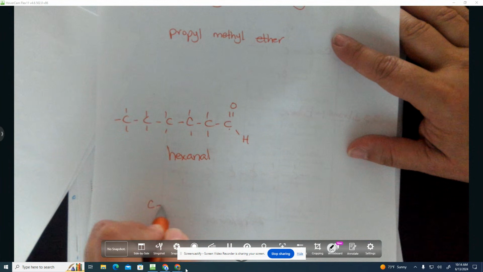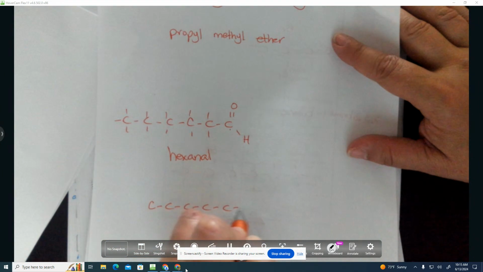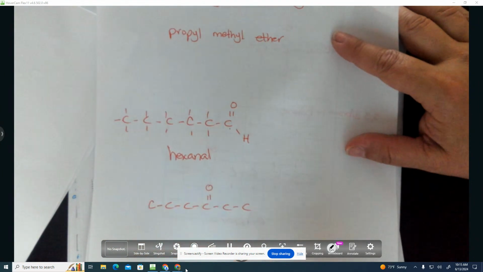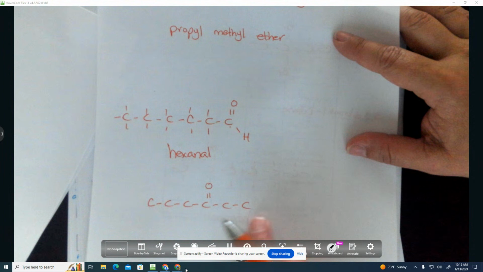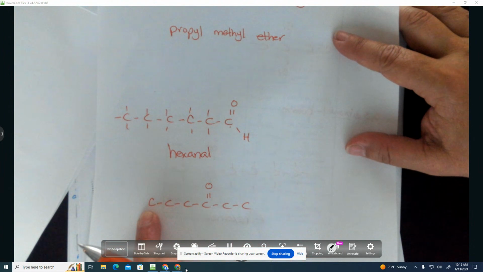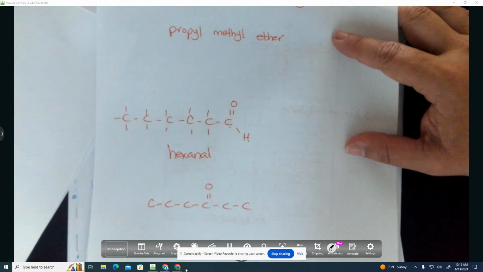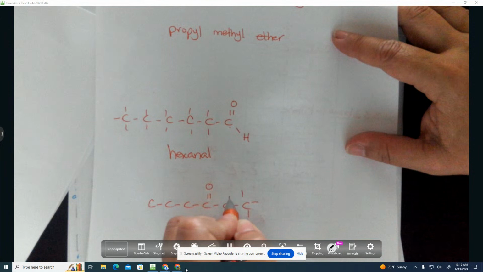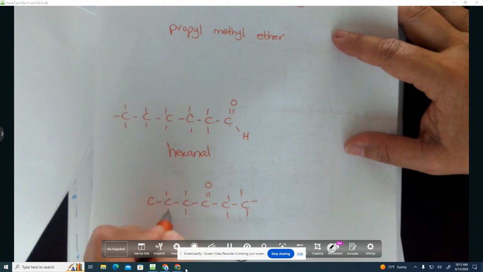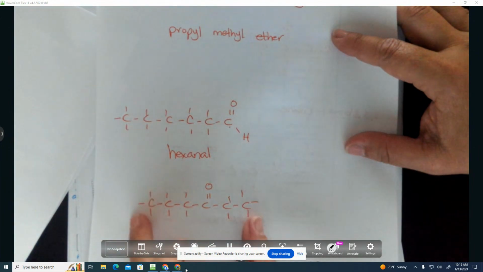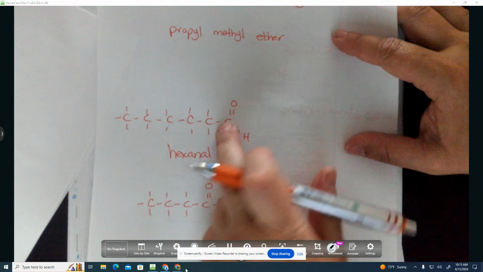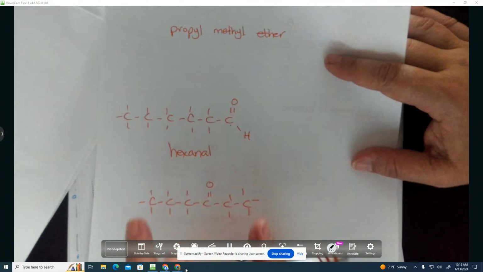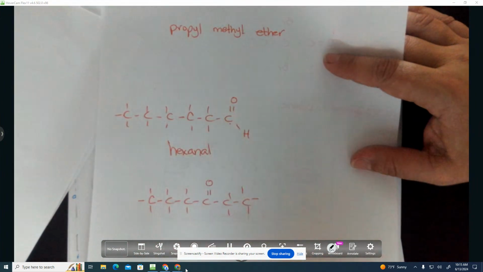I have 6 carbons. I can put it on not the end carbon like it was. Don't move it over here, it's still an end carbon. Move it to a middle carbon. Once I move it, I can go back and make sure every carbon has 4 lines around it. That is now no longer an aldehyde. It is a ketone, but it is an isomer of that aldehyde.